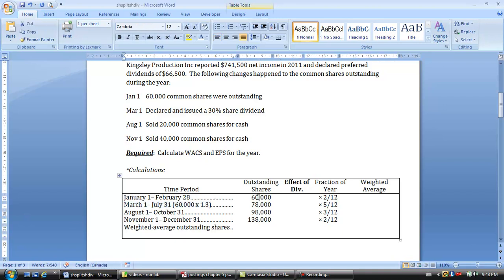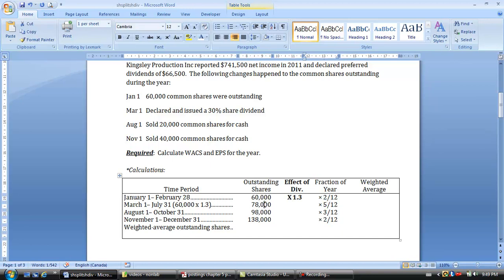So let me just focus here. I know now that I'm going to have 78,000 shares outstanding for the next 5 months. But of these 78,000, those 60,000 are also going to be subject to that share dividend. So I'm going to multiply that by 1.3. Why 1.3? Because those 60,000 shares, once multiplied by 1.3, with that 0.3 representing my share dividend percent, means I'm going to have 78,000 shares outstanding over that period.